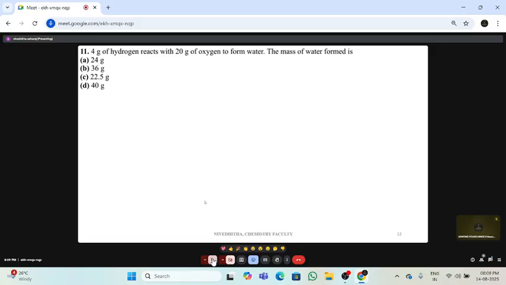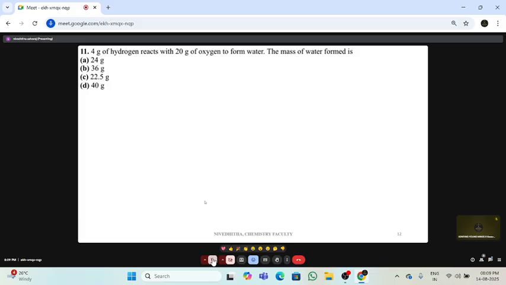So Sendamal children's answer is option C. How about Rakshan? For hydrogen, it is 2 moles, ma'am. Okay. For oxygen, it is 0.625 moles, ma'am. Very good. So from this data, we have to find how much mole of water was formed.